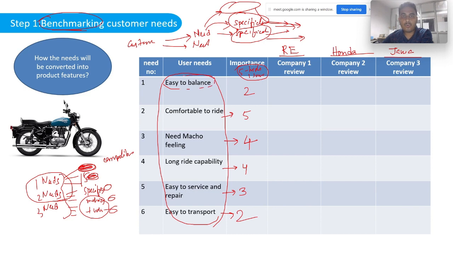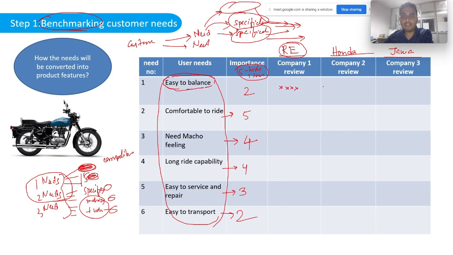We do a customer review, going to the users who actually use Royal Enfield bikes. We ask them and try to know the rating they want to give on a scale of 1 to 5. For example, for Royal Enfield easy to balance they give 4 star.